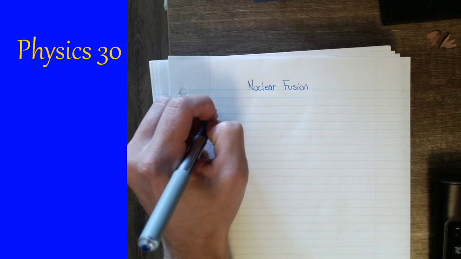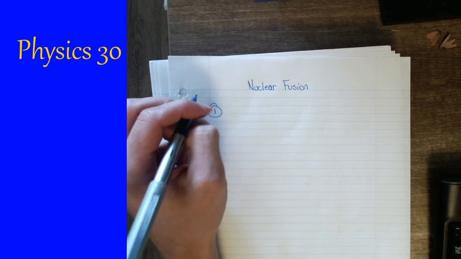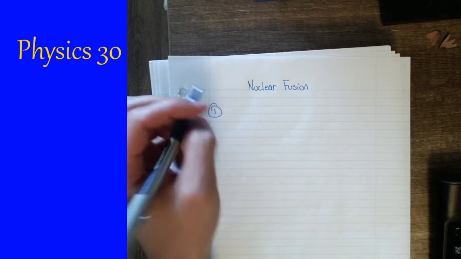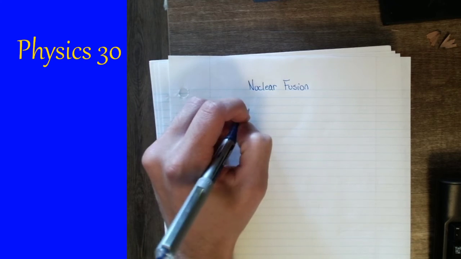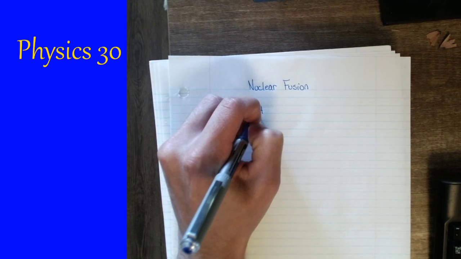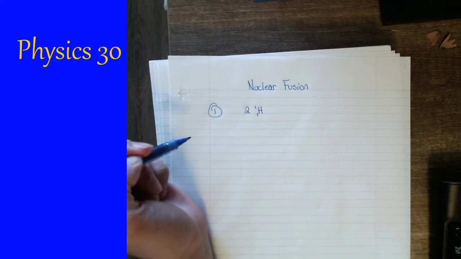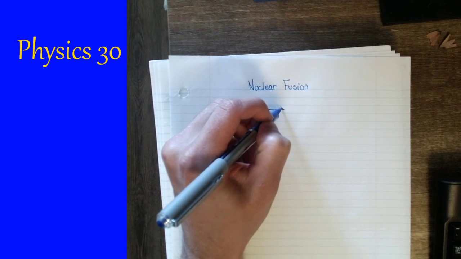There are steps to the nuclear fusion reaction, and the first is to get enough hydrogen to get a good gravitational pull. But in terms of the process, you have two hydrogen atoms, so two H 1,1.